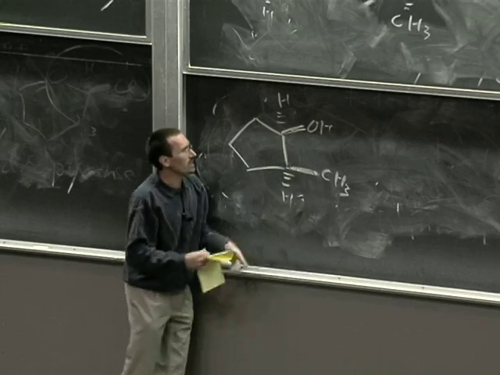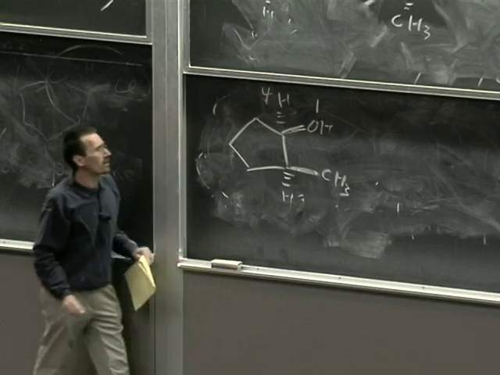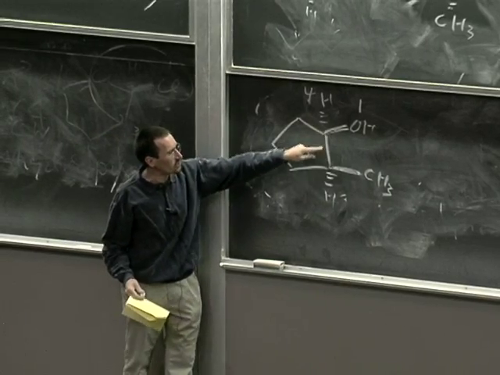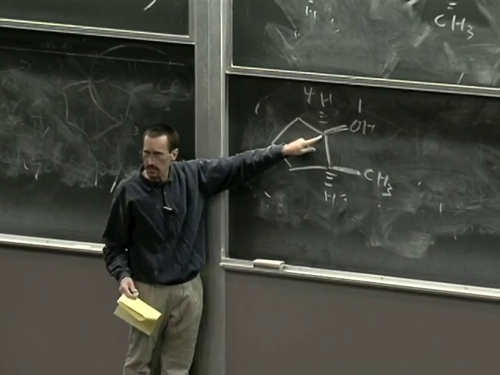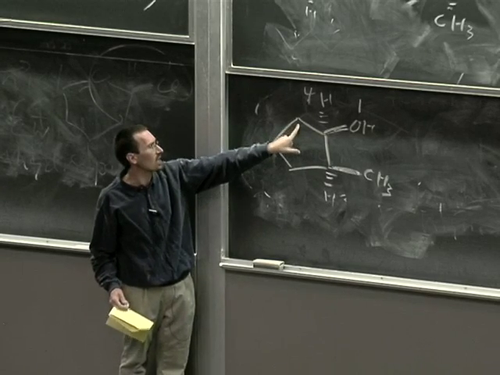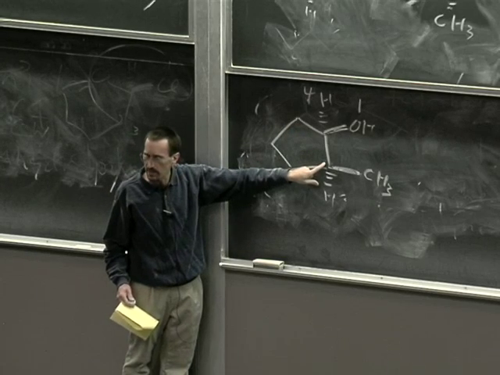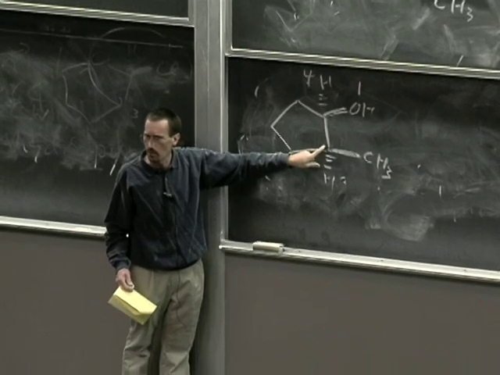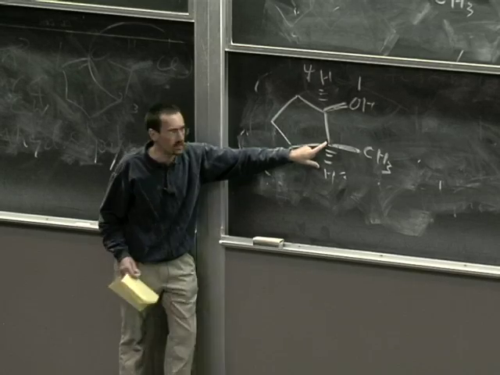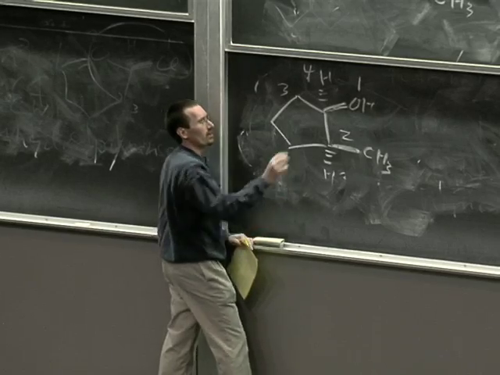The oxygen is priority 1. The hydrogen is priority 4. We now have to look at the 2 carbons attached to that stereogenic center. The carbon where my finger is has a carbon and 2 hydrogens attached to it. The carbon here has 2 carbons and 1 hydrogen attached to it. In other words, the carbon at the 2 position is priority 2, and the carbon over here is priority 3.